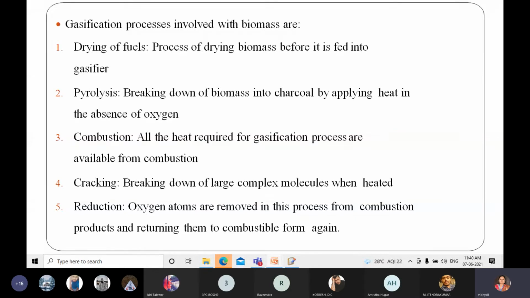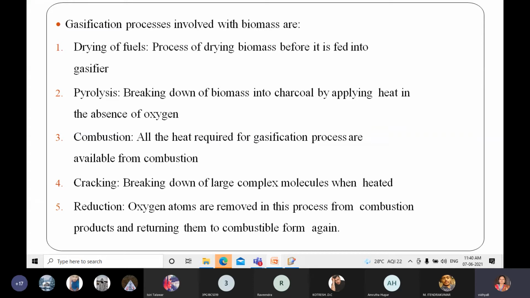Next is cracking, the breakdown of large complex molecules when heated. The biomass waste is dried, and next it is sent to pyrolysis.